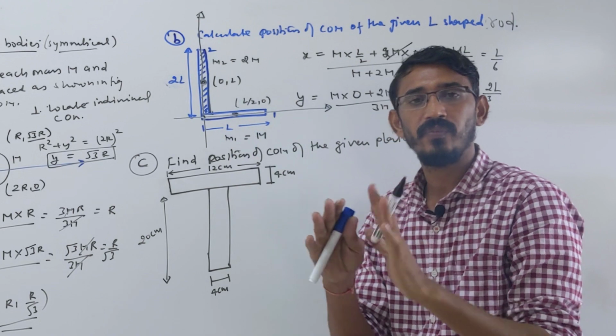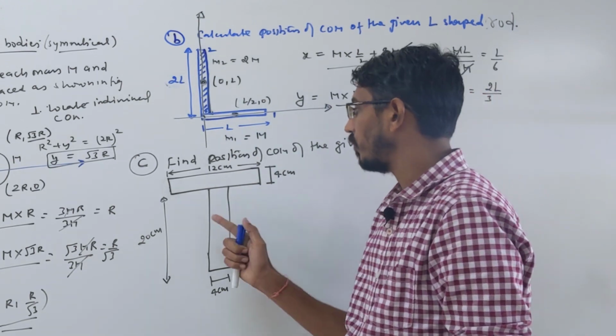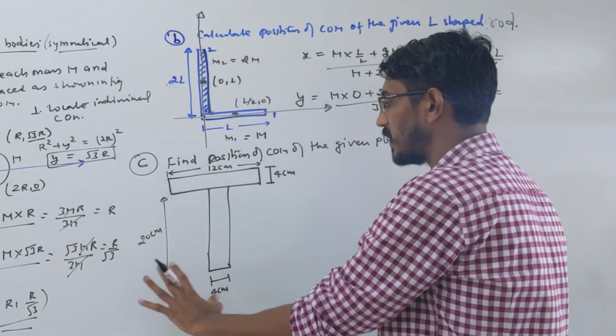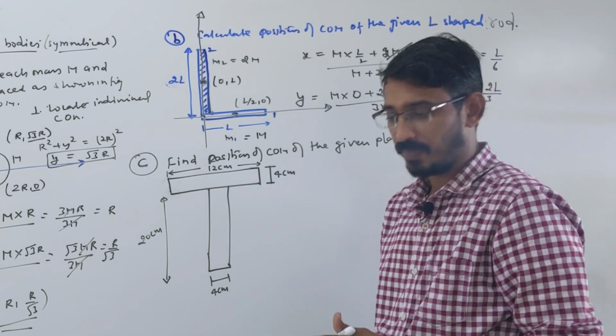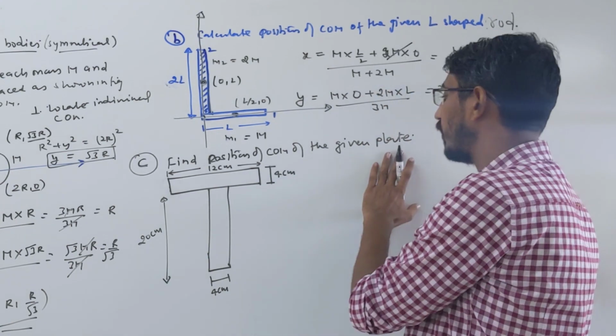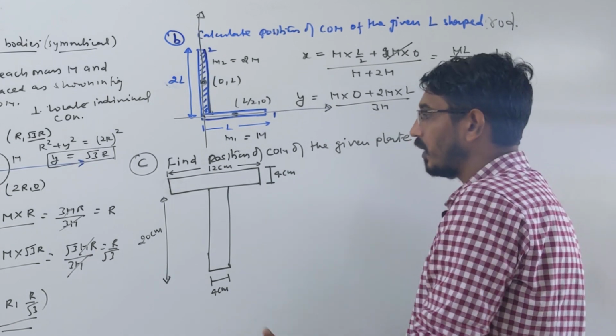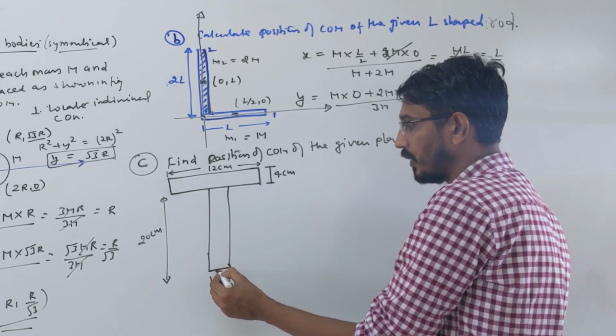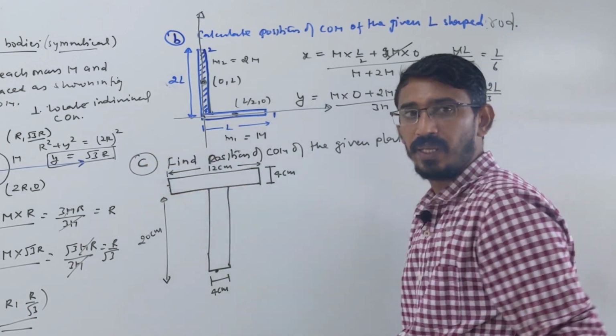So height and width will all be given. It's a uniform plate, in T shape, I shape, L shape, it could be any shape. We have to locate the individual center of mass, and for this they will give some reference, like a ground point or some other point.